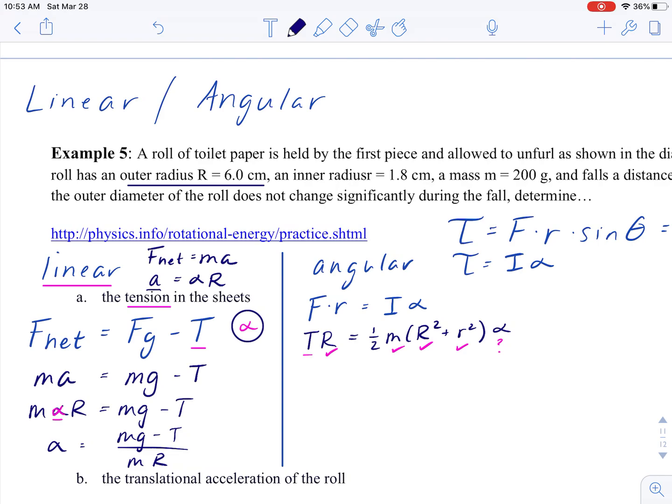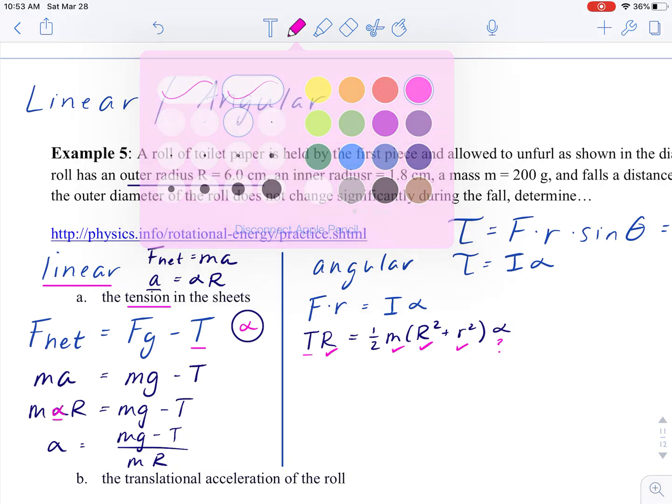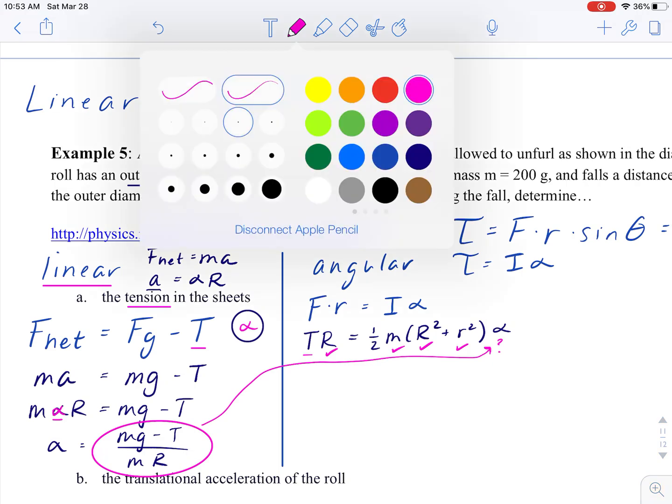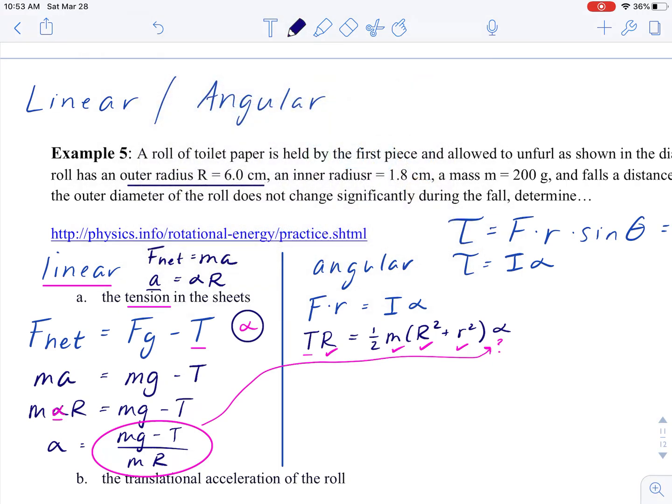Okay, so now that I have that, I can take this and I can use it in my angular equation. So now I'm going to rewrite my angular equation.